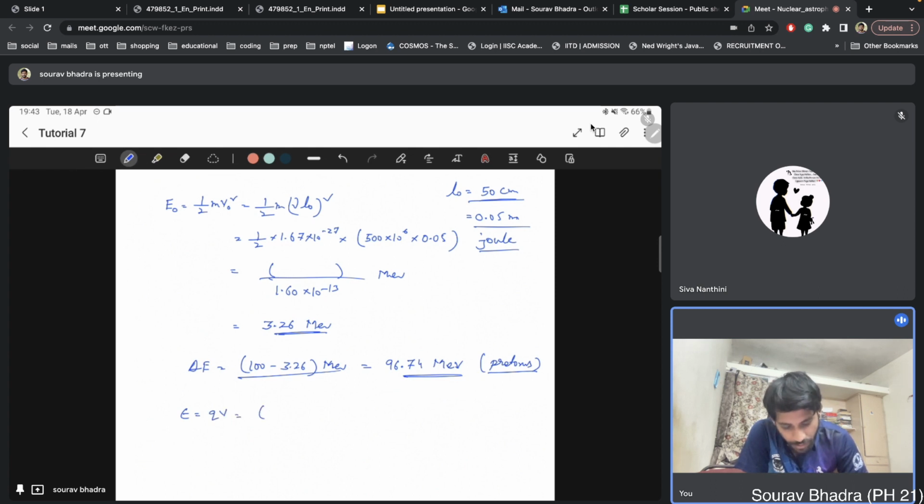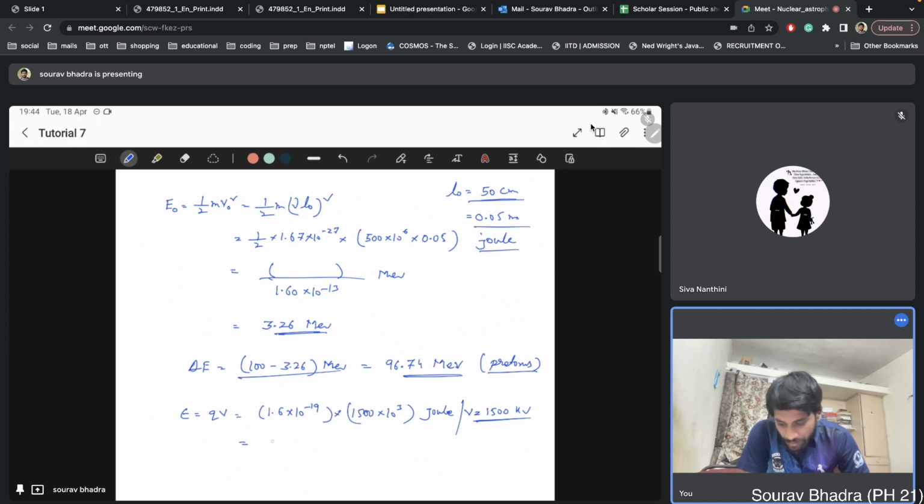I have told you that previously also. Here you need the value of V, the voltage, and it is given in the problem as 1500 kV.